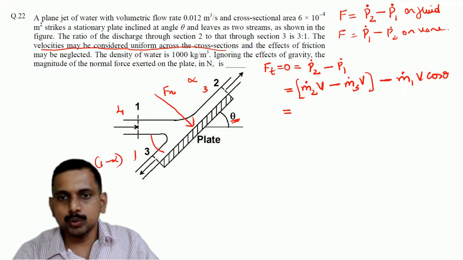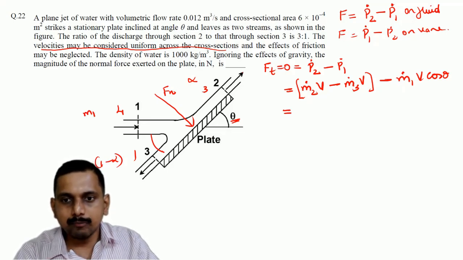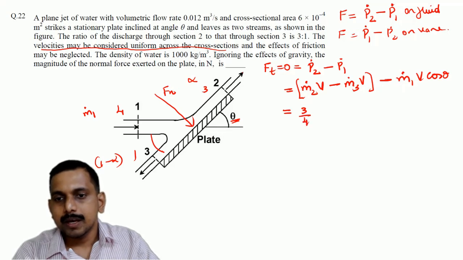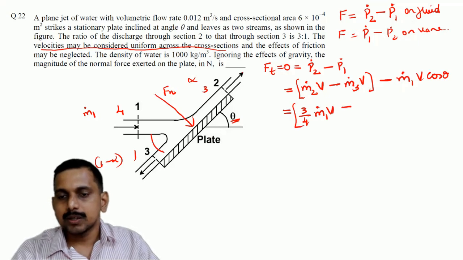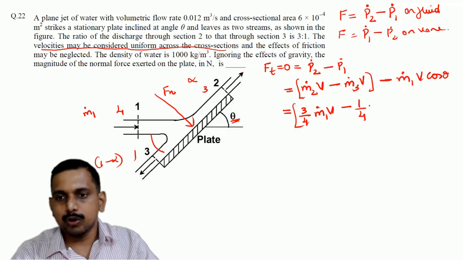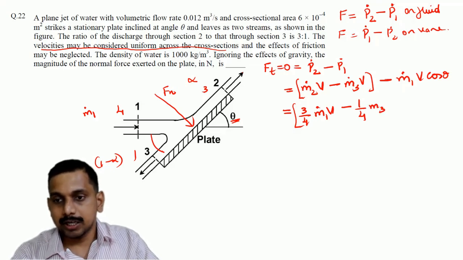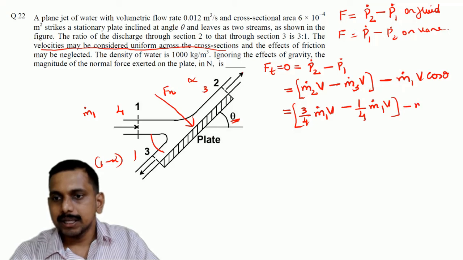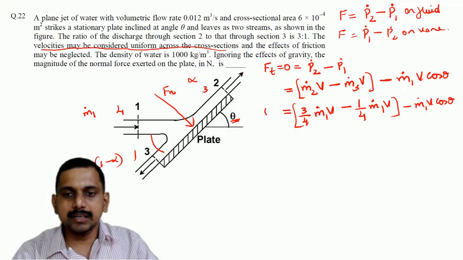So M2 is 3 by 4 of M1 dot. So this would be 3 by 4 M1 dot into V minus 1 by 4 M1 dot into V, minus M1 dot into V cos theta is equal to 0.